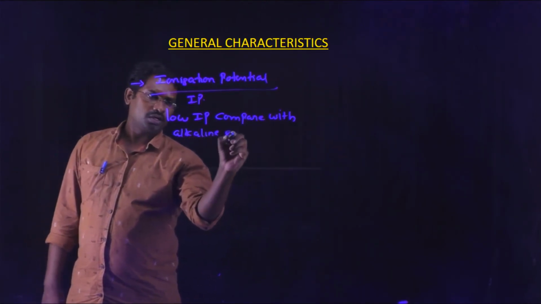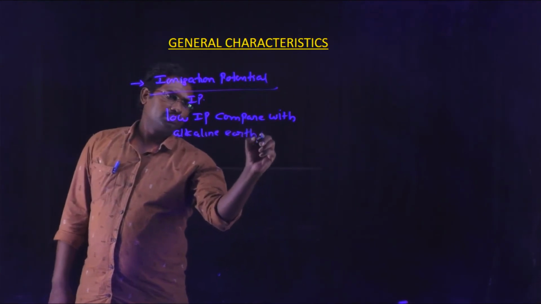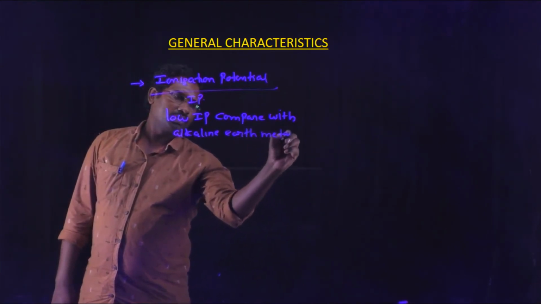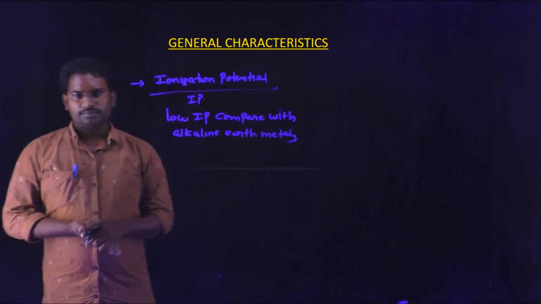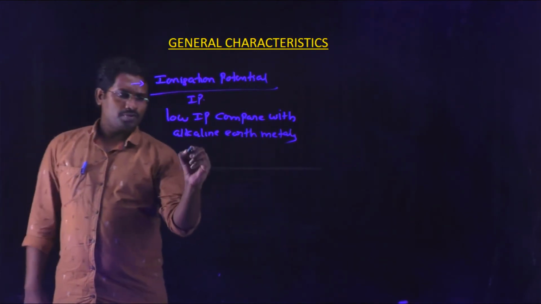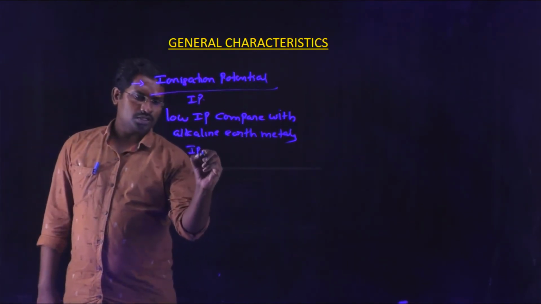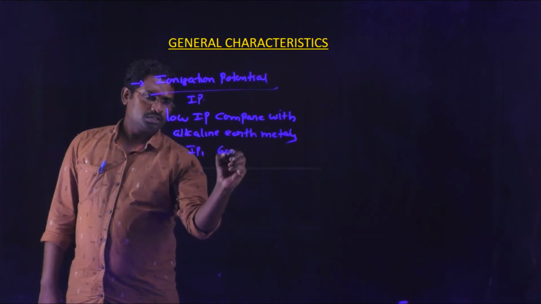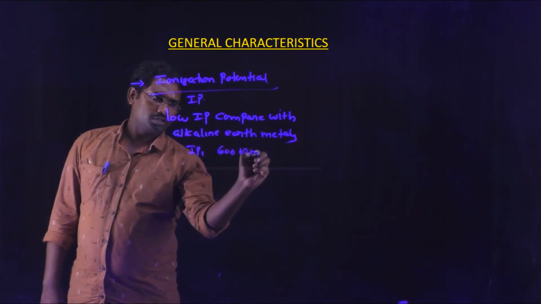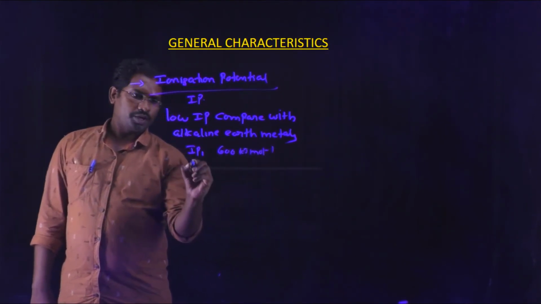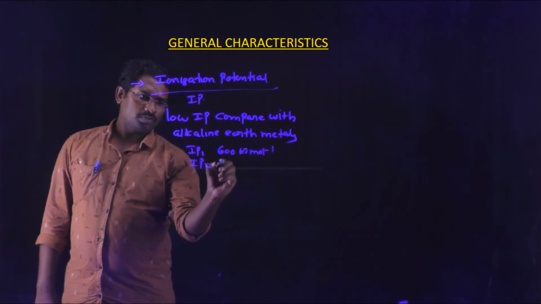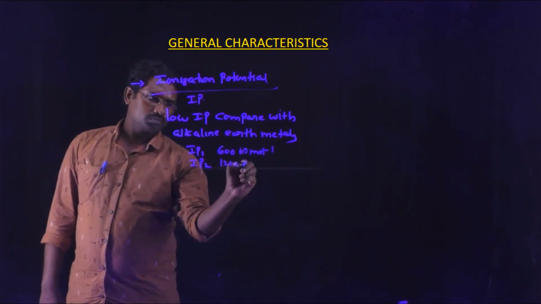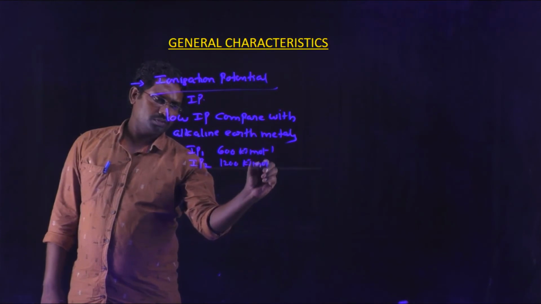The IP1 value of these lanthanide elements is 600 kilojoules per mole. The IP2 value is 1200 kilojoules per mole.